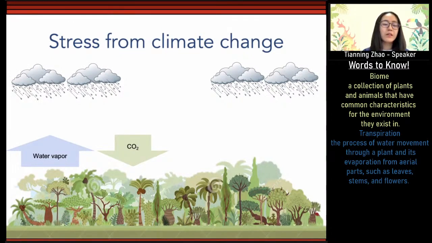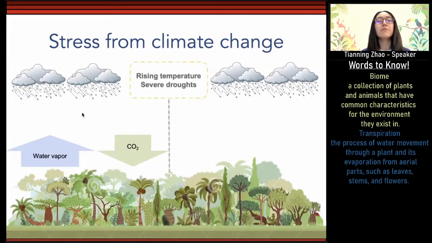We have talked about how in its original state, it supplies a great amount of water vapor and takes in CO2. It has plenty of rainfall, everything is great. But when climate change hits, we are going to expect rising temperatures as well as more frequent extreme events such as severe droughts.